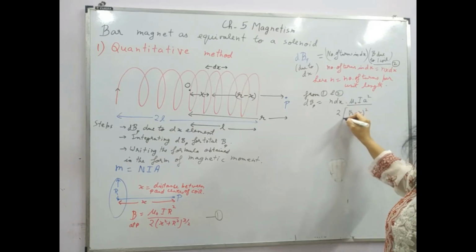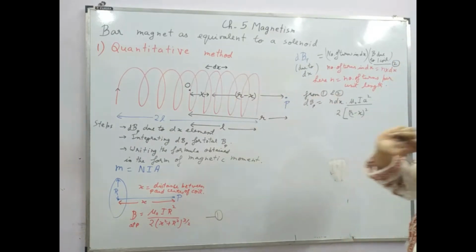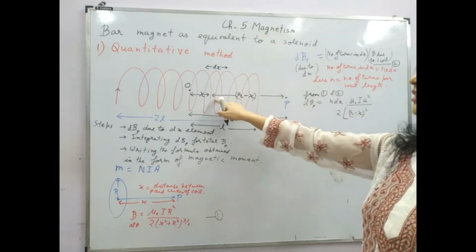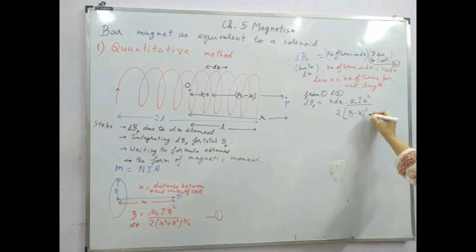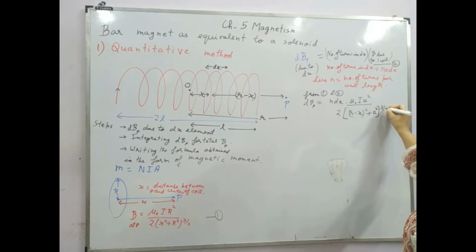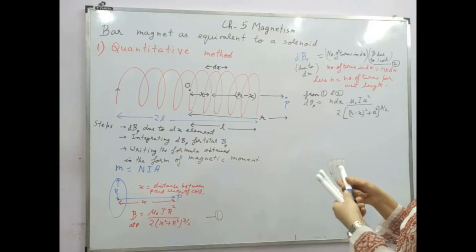Why? Because the distance of this element is r minus x from point P. So here this will be used because for this equivalent quantity here x was there. So plus radius whole square to the power 3 by 2. So this is due to this dx element.